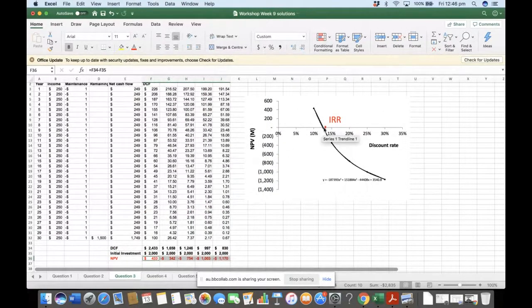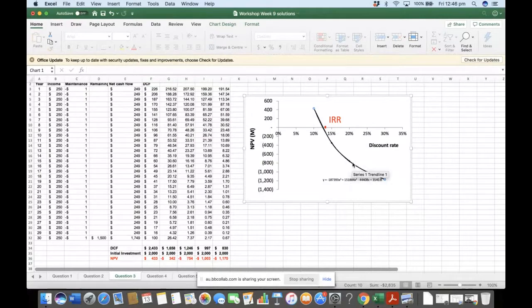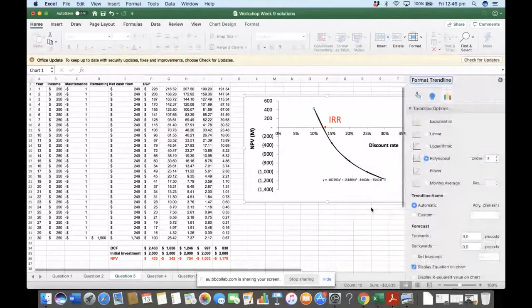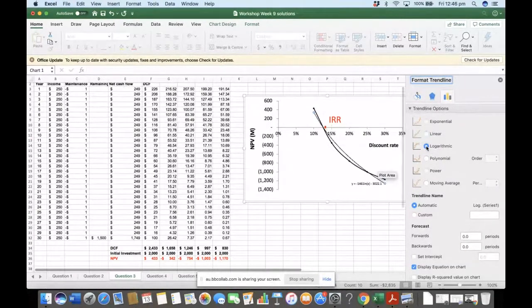And then to find the exact value, Victor, just tell me if you have done it a different way. What I have done is, for this plot that we have got, I have just found the equation. And how to find this equation? Just right click, format trendline, and then you can select the best fit. You can see the line is not a best fit. Logarithmic is a bit better than linear, but not the best fit.